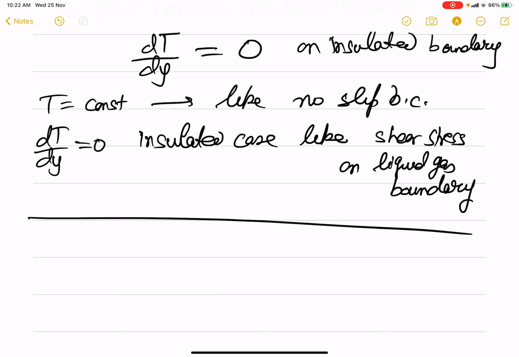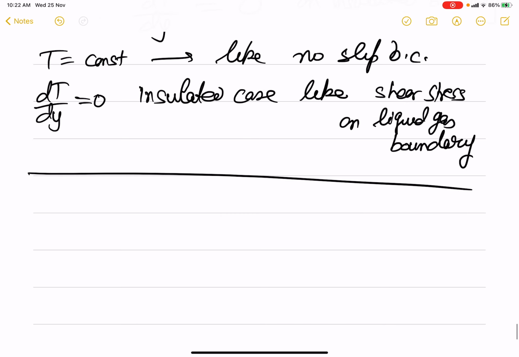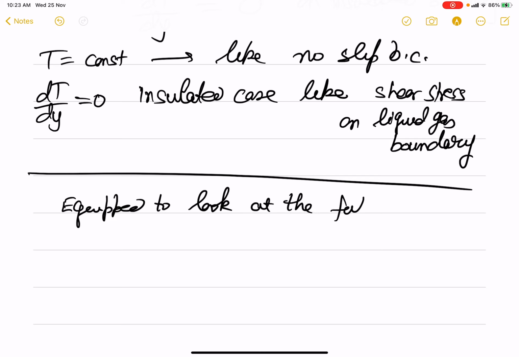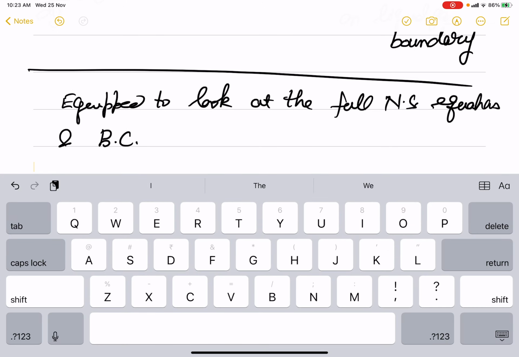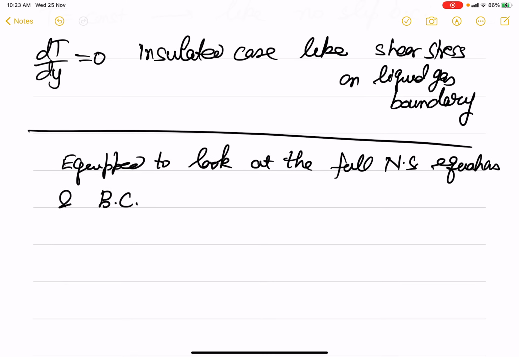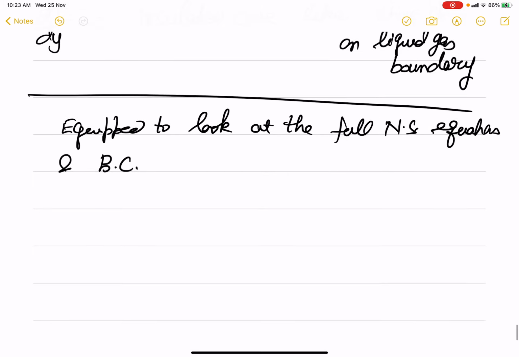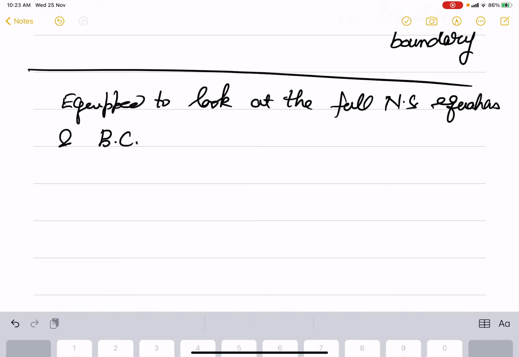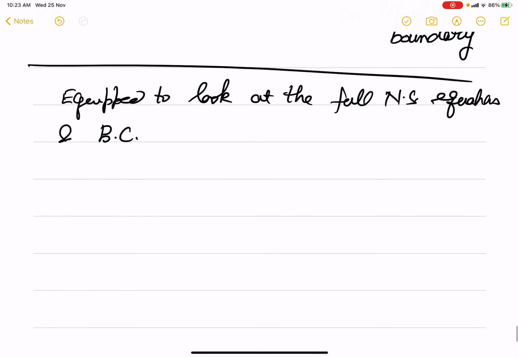So with these two discussions, we are now equipped to look at the full Navier-Stokes equations and their boundary conditions. One more thing before I leave this discussion on boundary conditions. You see that these equations often are solved on computer.